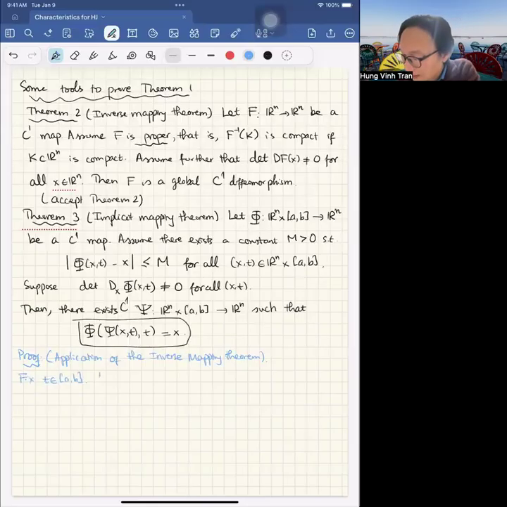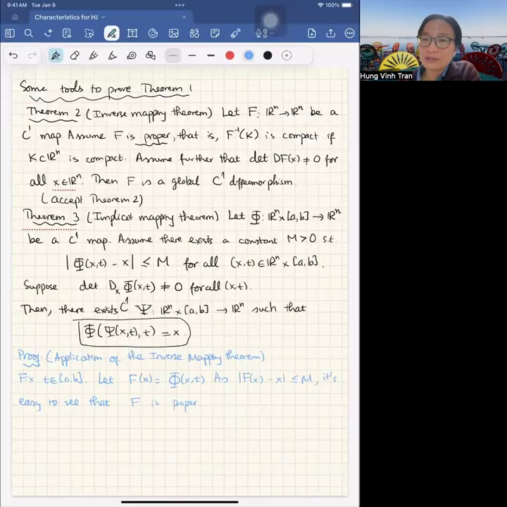Okay, so let f of x just be phi of xt, right? So we fix the time. Then, as we have f of x minus x is less than or equal to m, it's easy to see that f is proper.